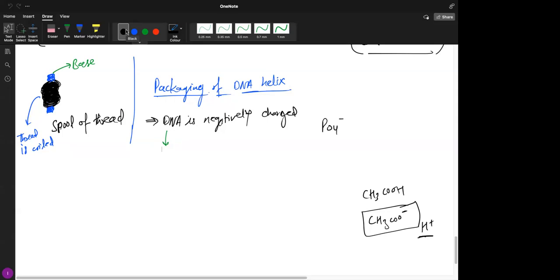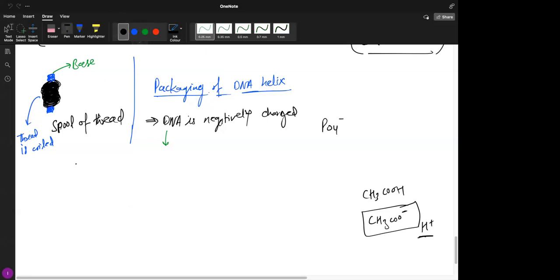So in a bacterial cell, DNA is just floating around, but it's not scattered completely. It is still compacted. And how is it compacted in a prokaryote? By similar positively charged proteins that hold the DNA in a dense region called the nucleoid.